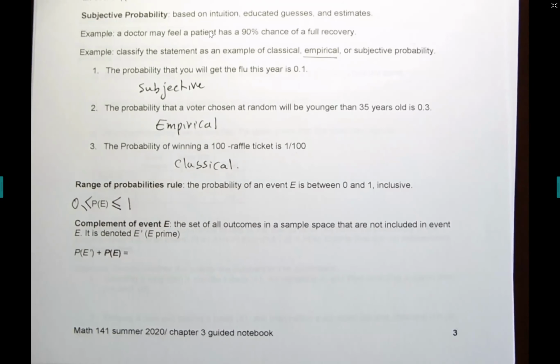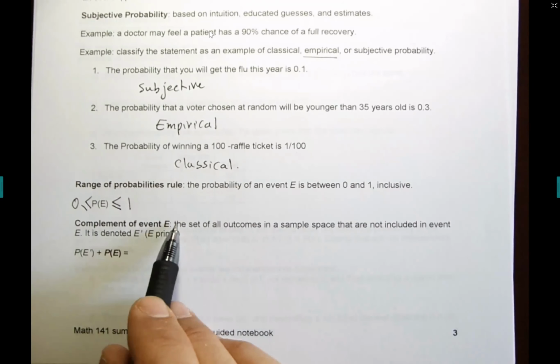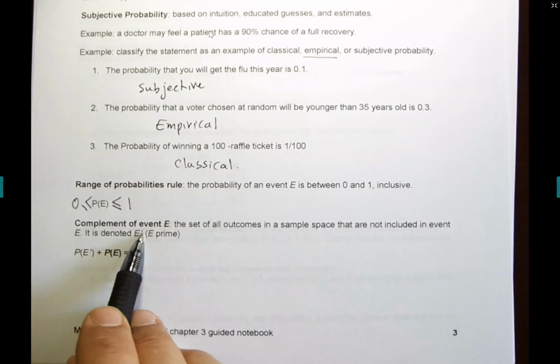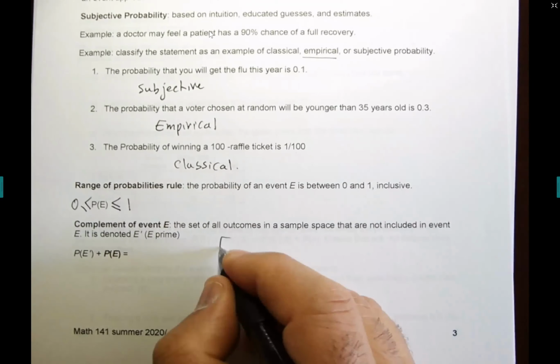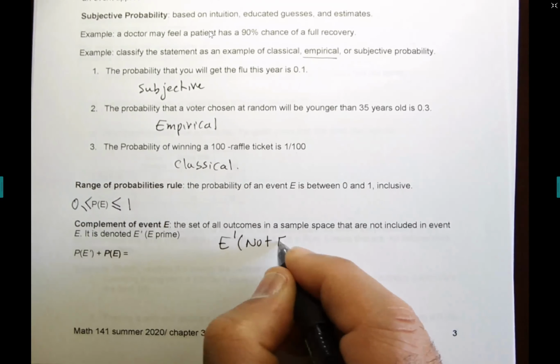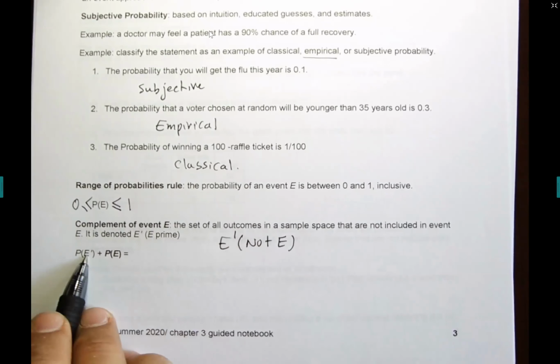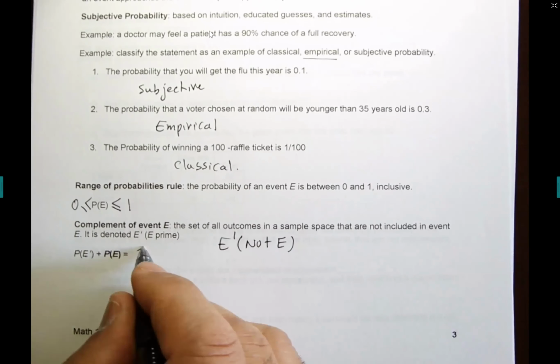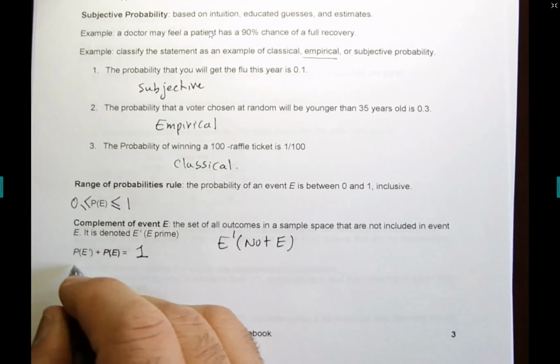So if E is an event and E prime is the complement of the event, meaning not E, you are correct. The probability of not E plus the probability of E should always add up to 1.